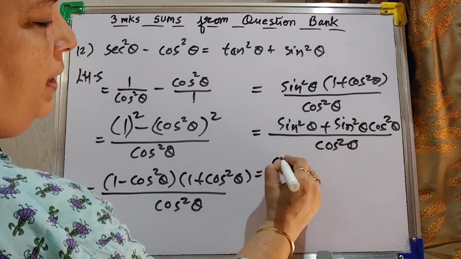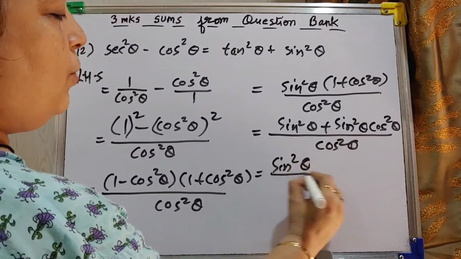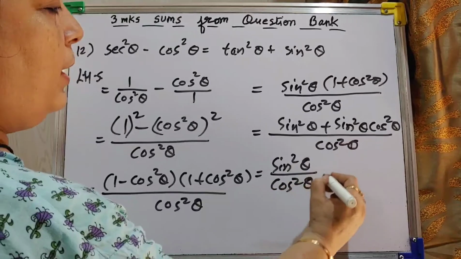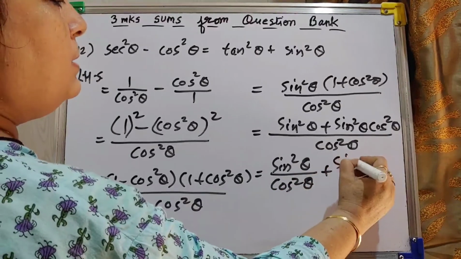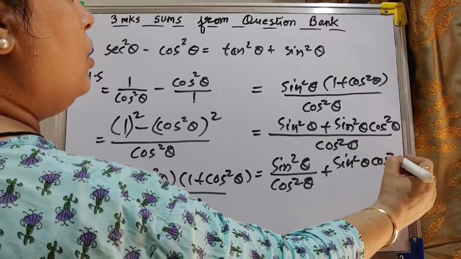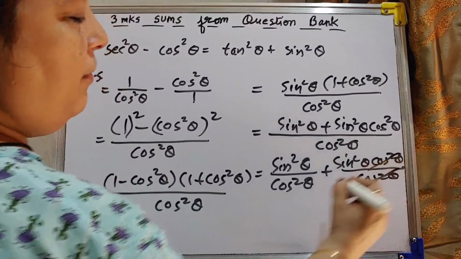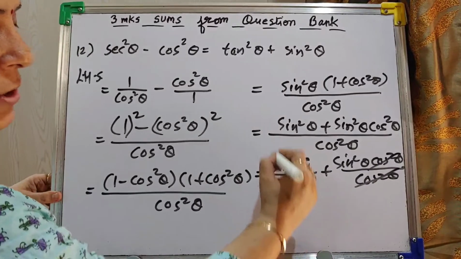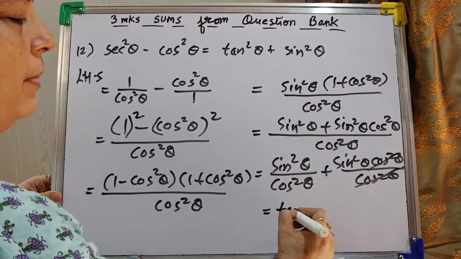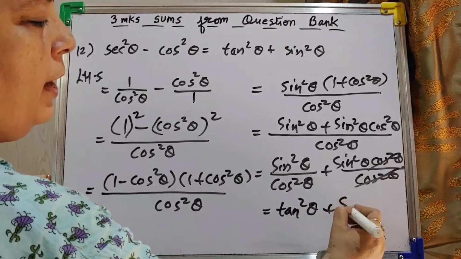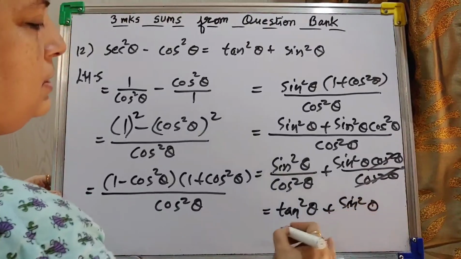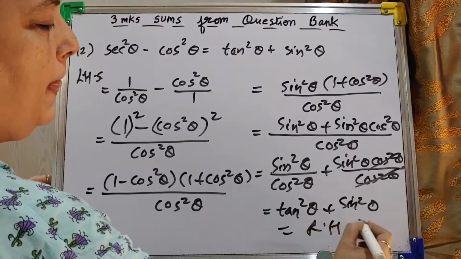Now I can write separately. Sin square theta upon cos square theta plus sin square theta cos square theta upon cos square theta. Here cos square theta will get cancelled. Sin by cos is tan. So square it will be tan square theta and sin square theta. This is only our right hand side.